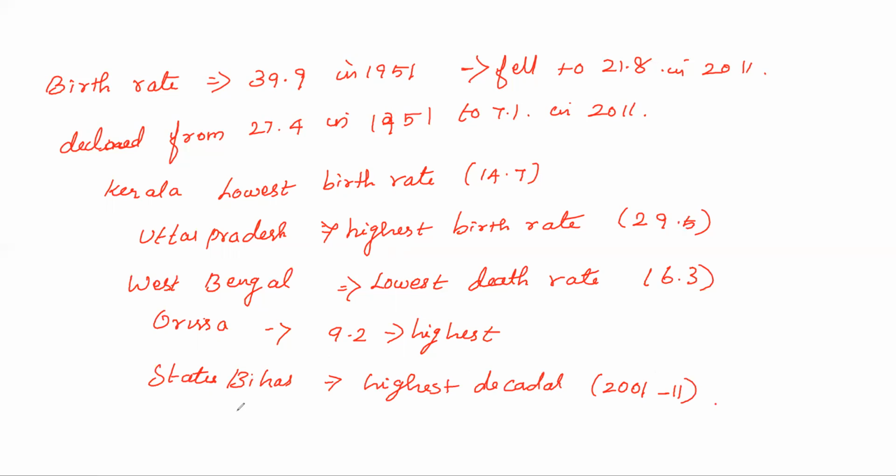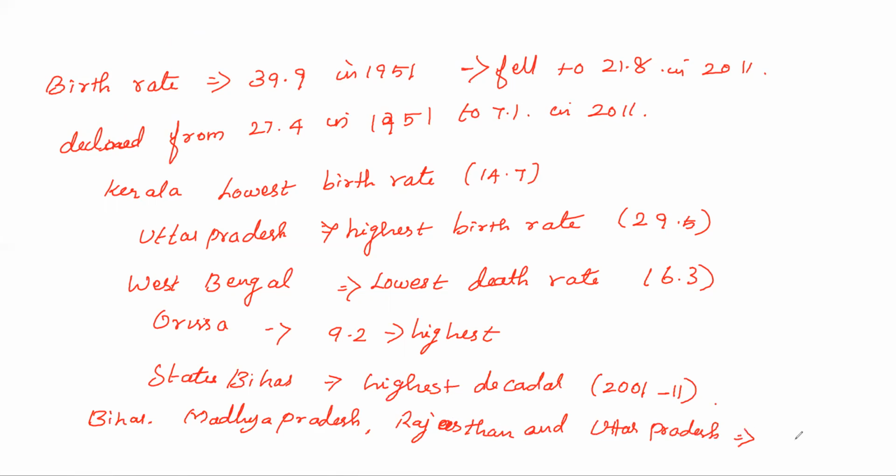So the four states are Madhya Pradesh, Rajasthan, Uttar Pradesh and Bihar, so called BIMARU அப்படின்னு சொல்லுவோம். States of very high population. So இது எல்லாமே நமக்கு high population.